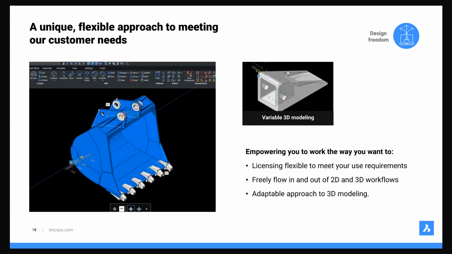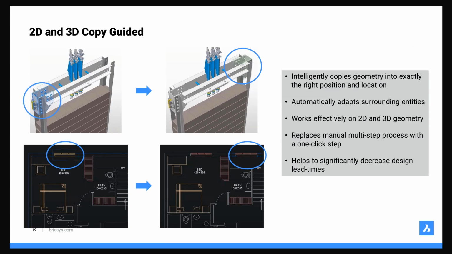However, and this is important, as the design evolves, you can add more dimensional control or even fully make the design parametric automatically, and all without the complexity imposed by a history-based approach. We've got the best of both worlds. No other CAD software does that without the price, without the license options that we offer.